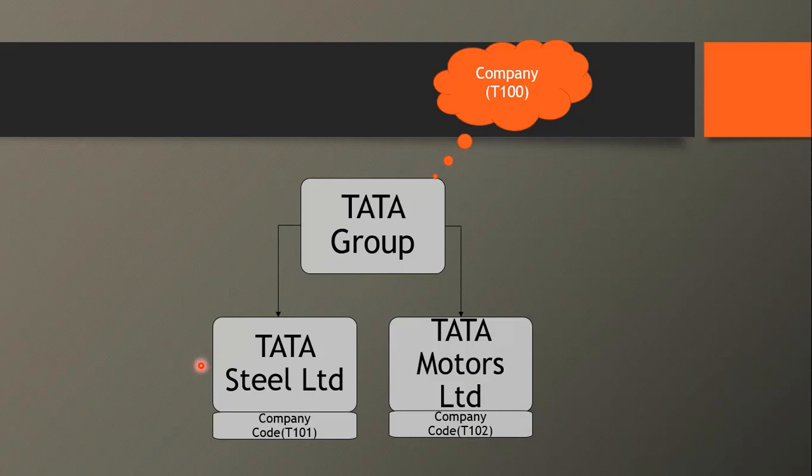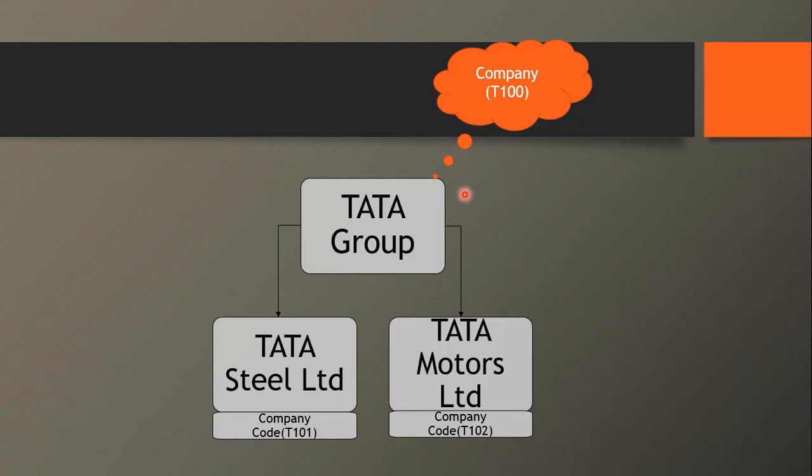In this case, Tata Steel Limited is separately registered under the Companies Act, and Tata Motors Limited is also separately registered under the Companies Act. So we can prepare the standalone financial statement for Tata Steel as well as Tata Motors Limited. Also, if you want to prepare the consolidated financial statement for Tata Group as a whole, that is also possible. This company code T101 will be assigned to the company T100, and similarly this company code T102 will be assigned to the company T100.